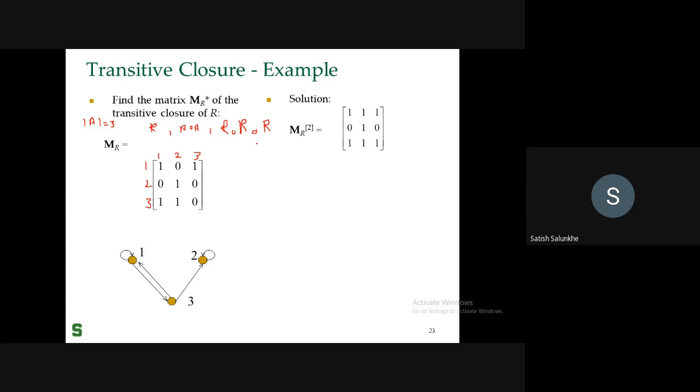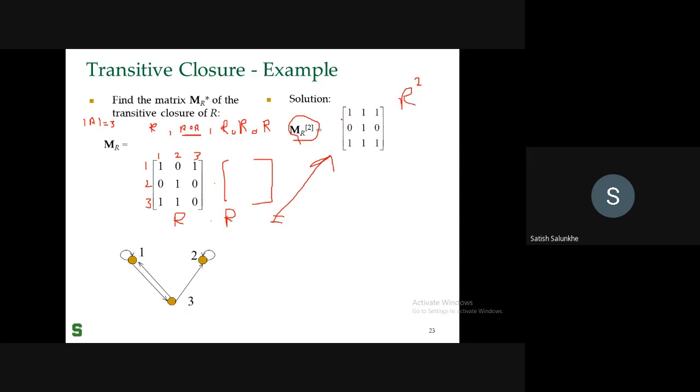The same thing is written in matrix form, nothing else. So you need to find R composition R. How do you find it? It is a simple matrix multiplication operation. R composition R, you get this result. The same matrix is repeated here, so it is just a matrix multiplication. So you get R2.